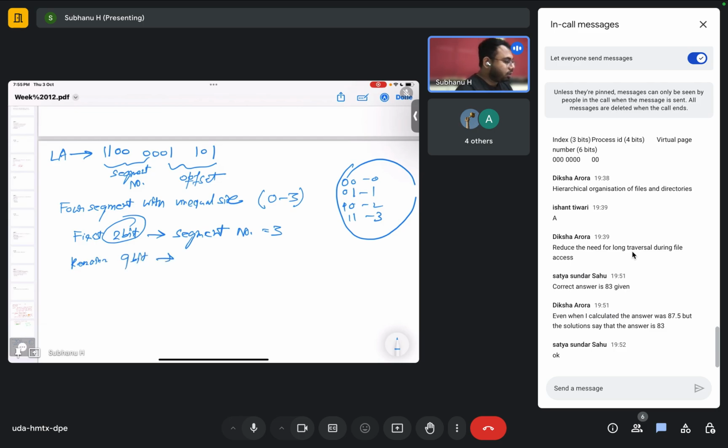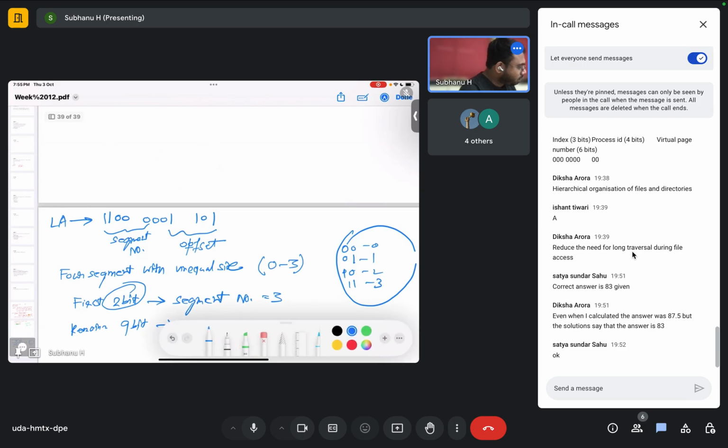So the first 2 bits are this one, and the remaining 9 bits I am talking about are this one. Got it?